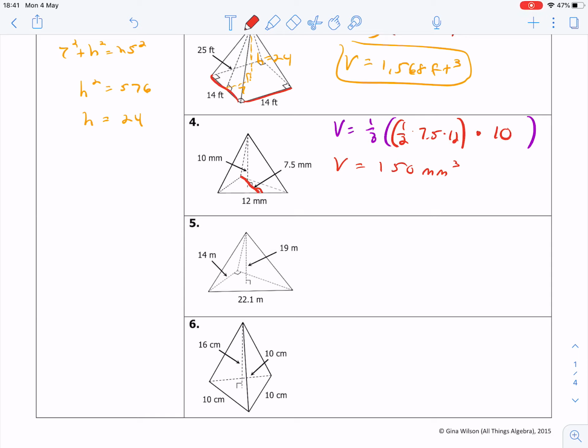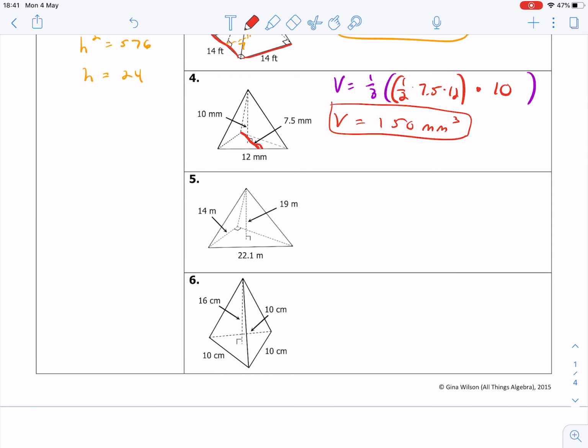Looks good to me. Let me take a second look to make sure I didn't make any arithmetic mistakes. Nope, looks good. Okay, so there's number 4.